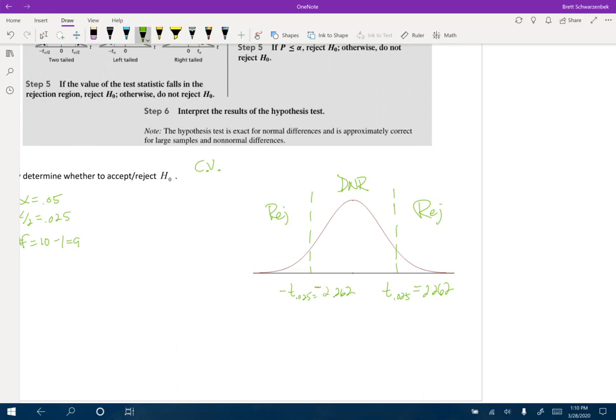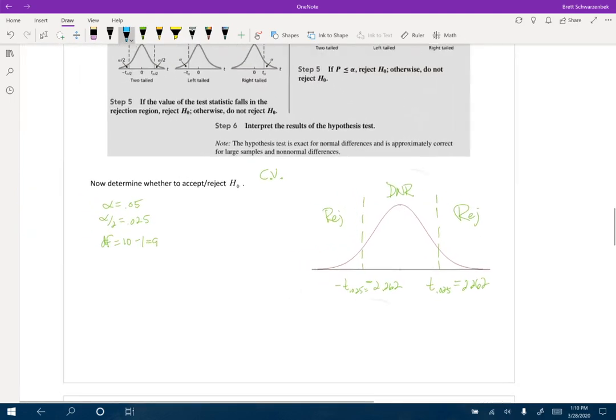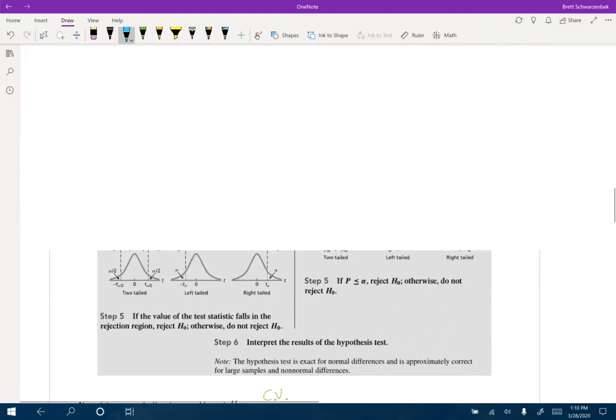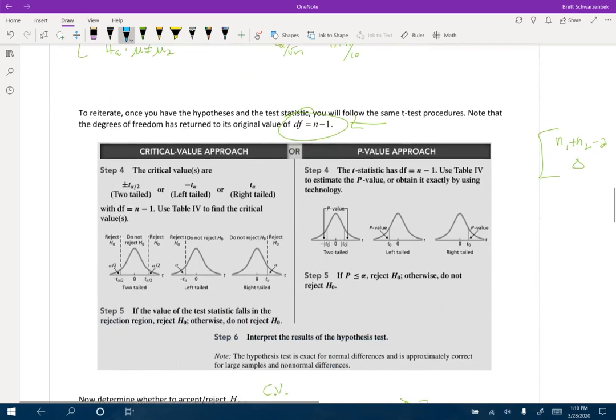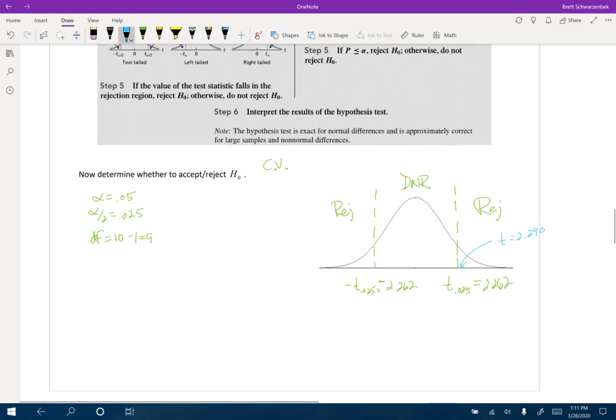Okay, so then we take, as usual, our test statistic, which we just calculated above here to be 2.290. We place it somewhere on the chart. This is actually a pretty close call here, but you get t is equal to 2.290, just about right there, which means that even though we barely reject, we are going to reject H naught in this problem.